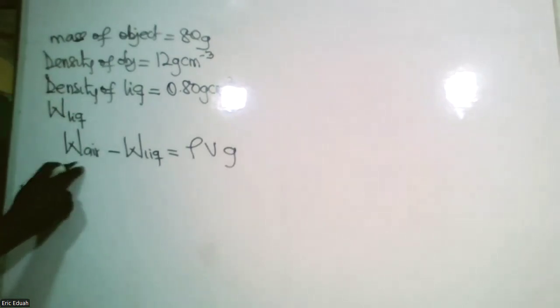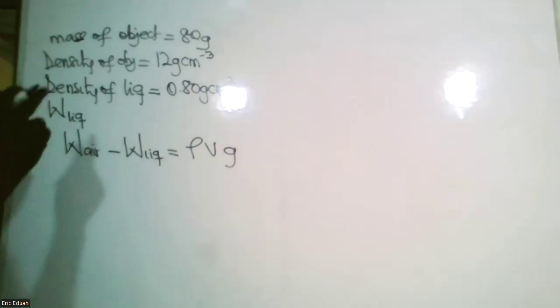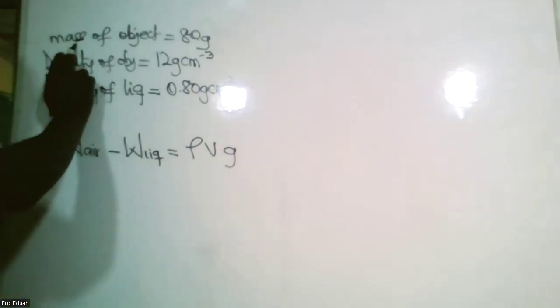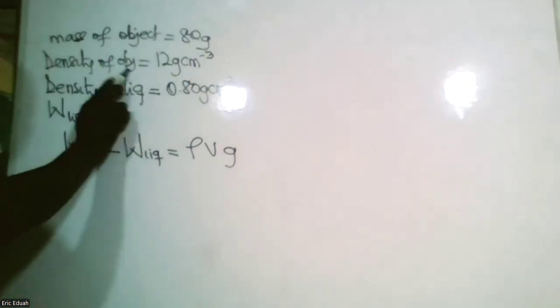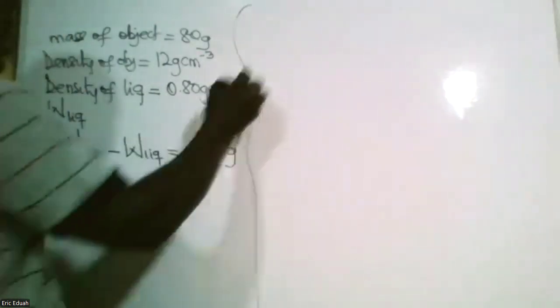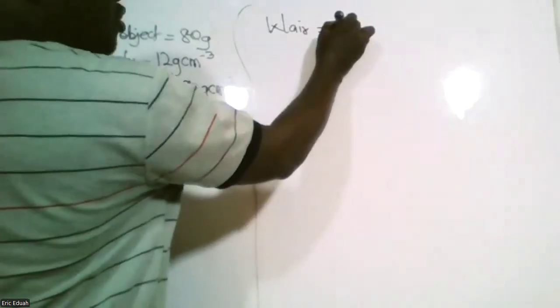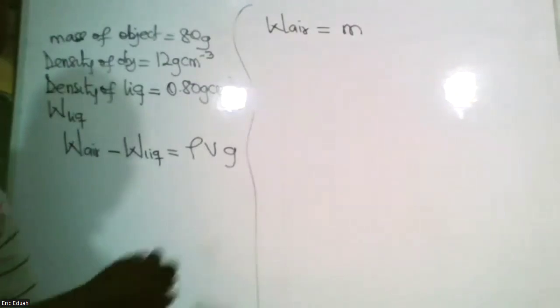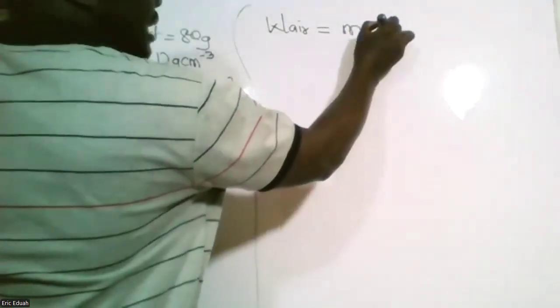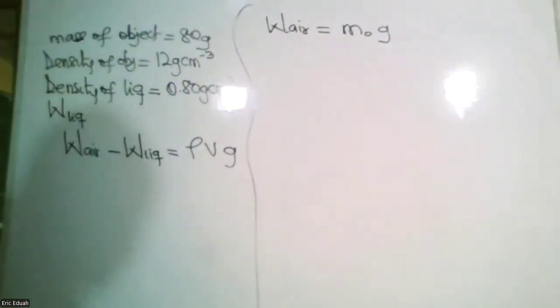Now, we can easily find the weight in air because we have the mass of the object and the density of the object. Weight in air is equal to mass of the object times gravity, isn't it? Yes.